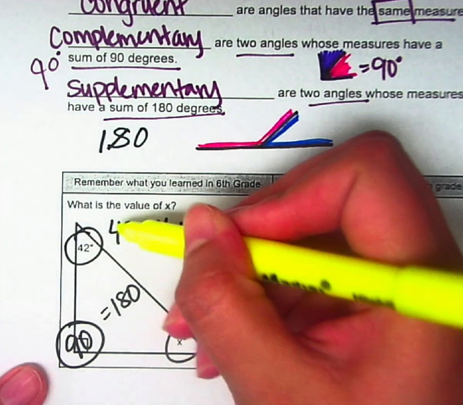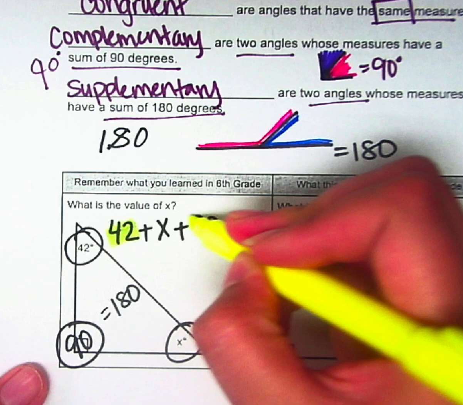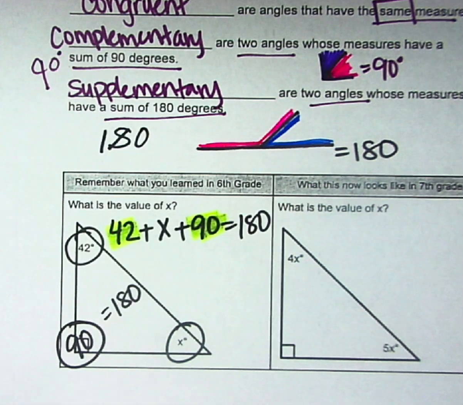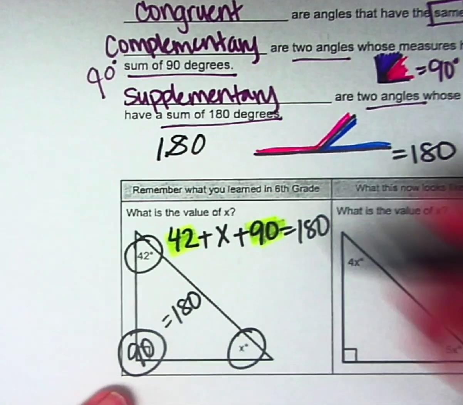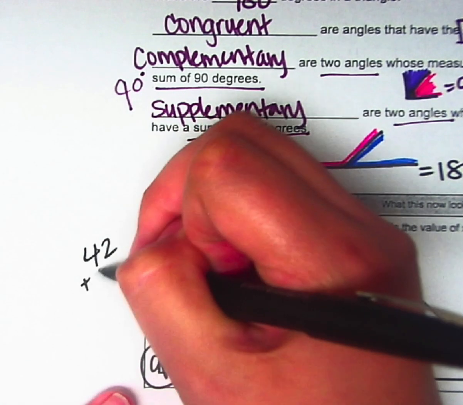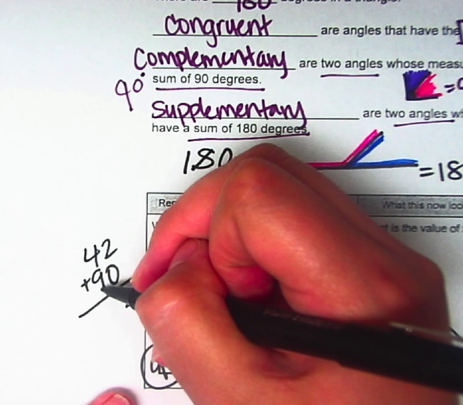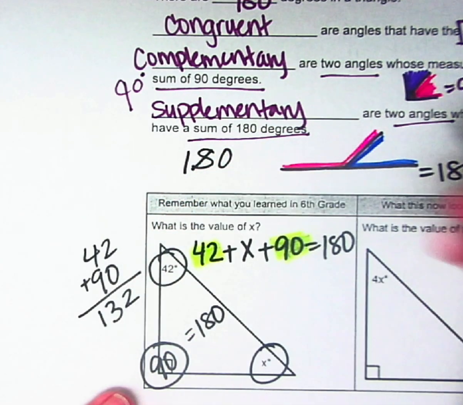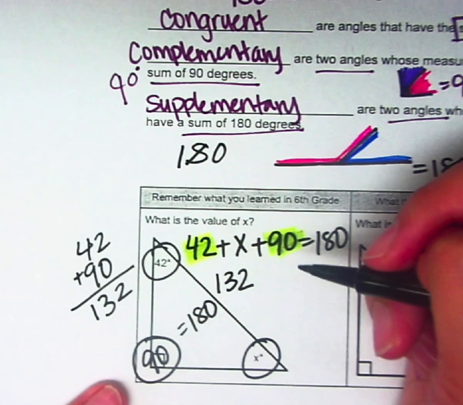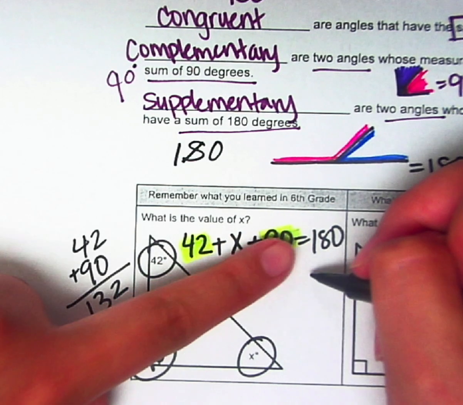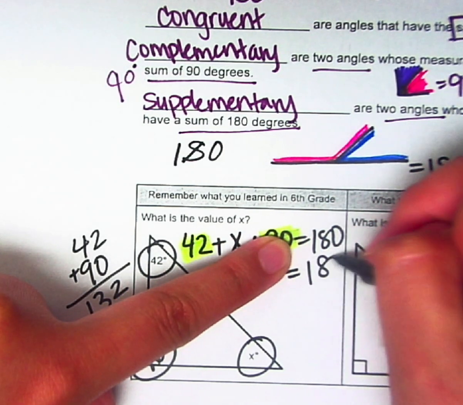In this case, these whole numbers, 42 and 90 are the same, right? So I'm going to go ahead and add those together. I'm going to add it on the side. 42 plus 90: 2 plus 0 is 2. 4 plus 9 is 13. So you're going to get 132. You're going to write it down here. You're going to bring down that plus x, and then you're going to bring down equals 180.